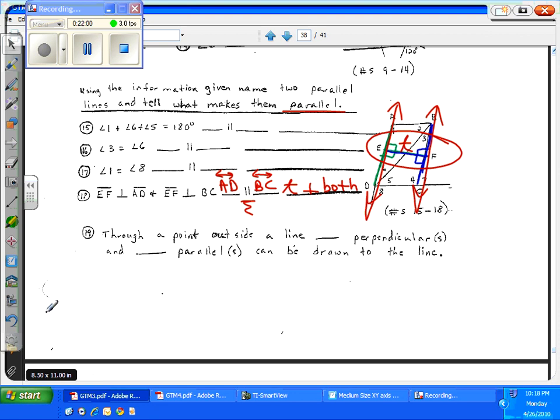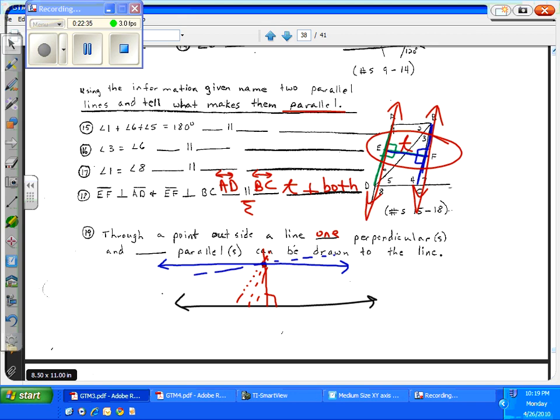And then on number 19, we said, okay, if you have a line and a point not on that line, exactly one perpendicular. In other words, you can only go through that and hit it at 90 degrees with one line. If you tried to do it like that, it wouldn't hit at 90. Exactly one line perpendicular and one line parallel can be drawn.